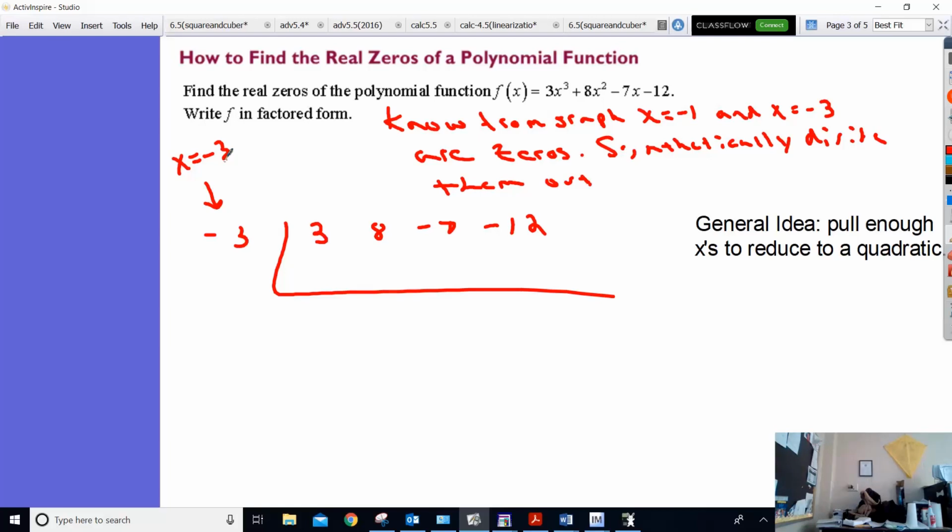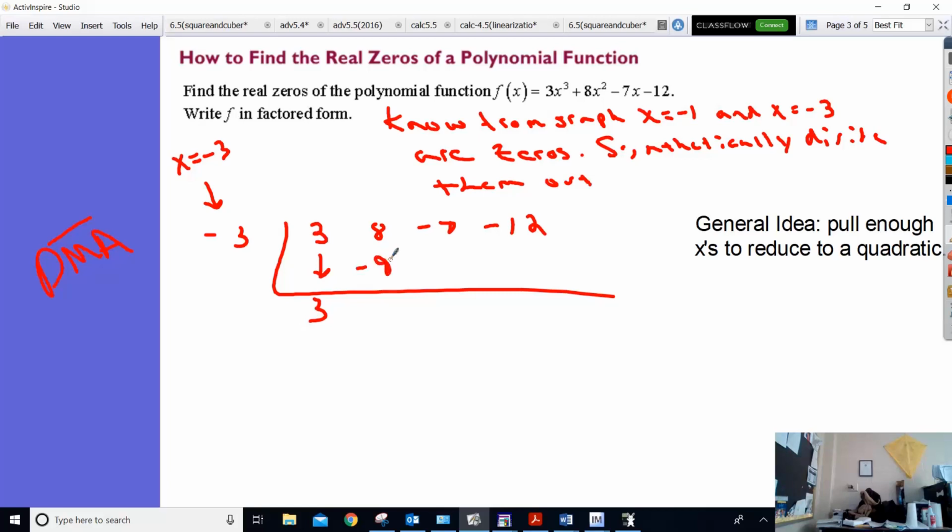I had a little acronym for this. It's always spelled not the way I wanted it. You have a drop, multiply. You drop the first coefficient, 3. And then you multiply. It's -3 times 3.